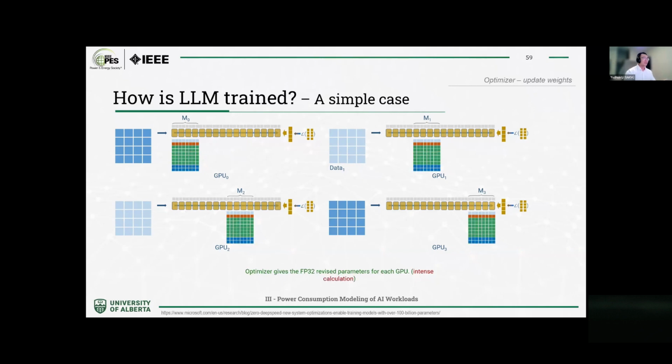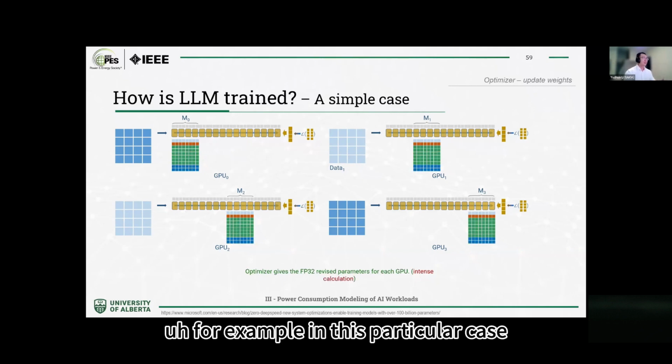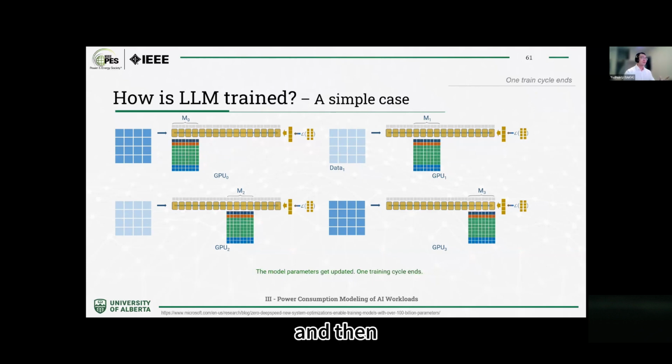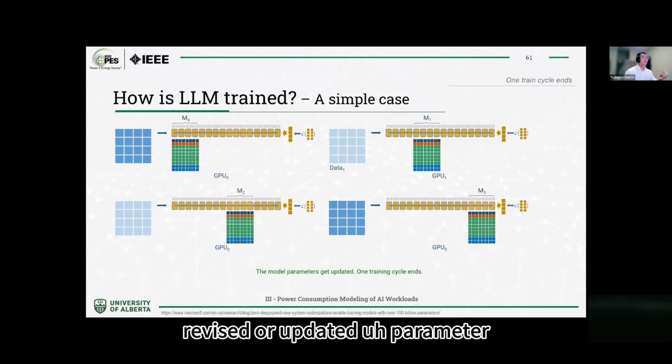For example, in this particular case, the optimizer will give the float32 revised parameters for each GPU. This is a very intense calculation. Then it can convert to float16, which is a data type conversion. And then the model will have the revised or updated parameters. This ends the training cycle.